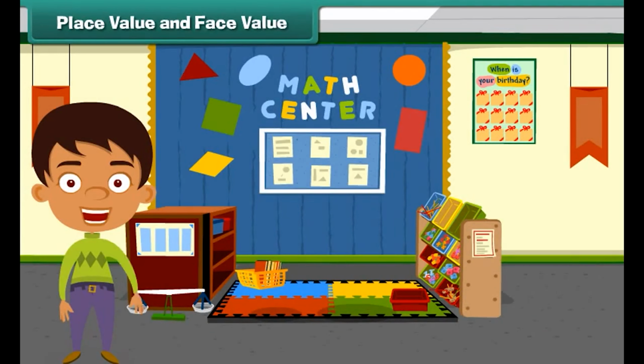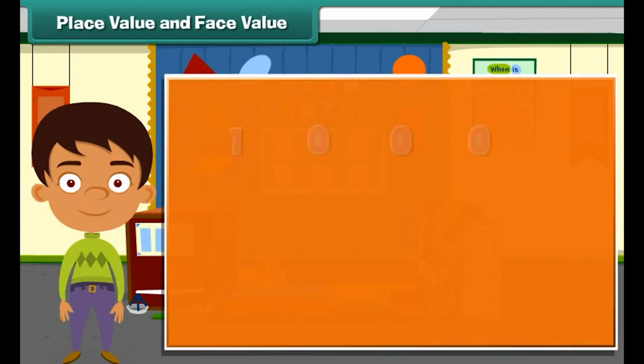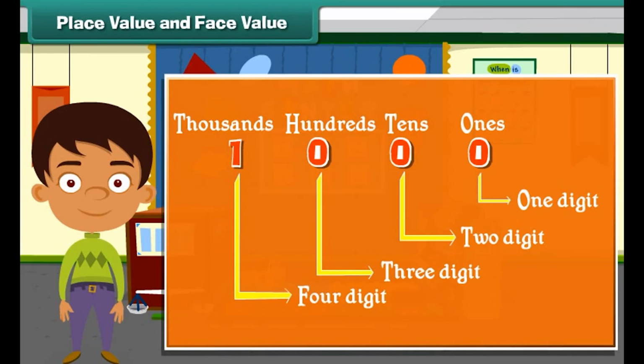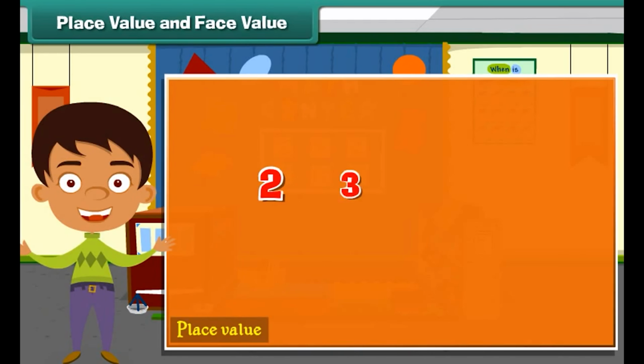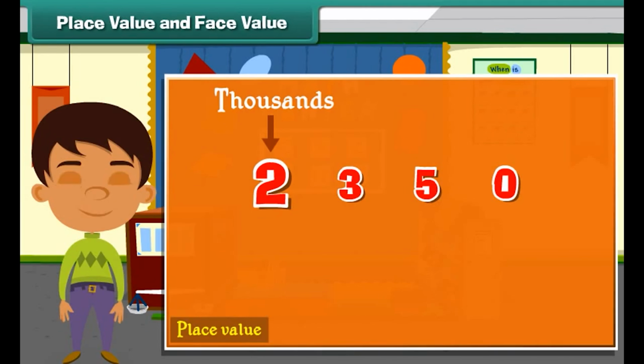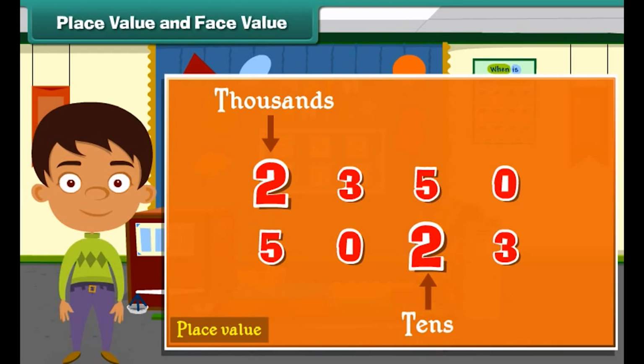Place value and face value. Ones, tens, hundreds, and thousands are all place values of a digit. Place value of a digit helps us to determine its value. For example, the digit 2 is at thousands place in number 2350, whereas it is at tens place in number 5023.